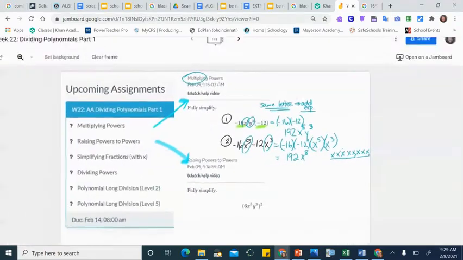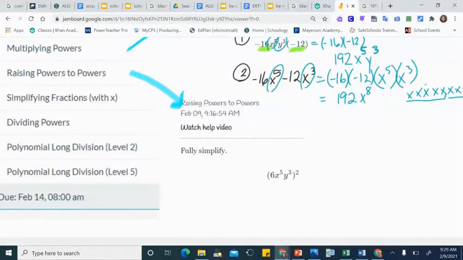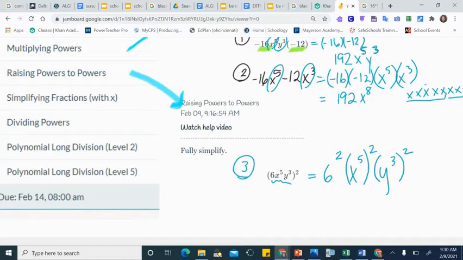So there's a quick review on multiplying the powers. So let's talk about that real quick. We're going to call this example 3. This says all of this stuff is supposed to get squared. So that means we want to do 6 squared, and we want to do x to the fifth squared, and we want to do y cubed squared.